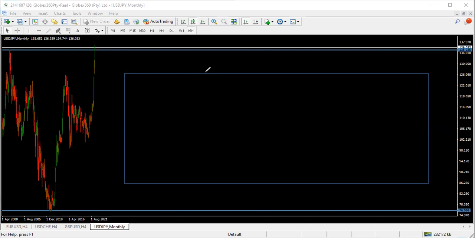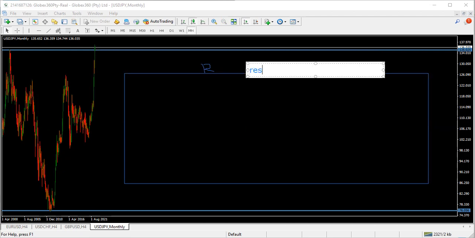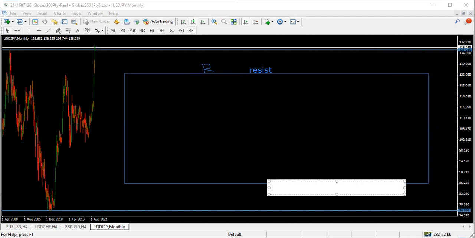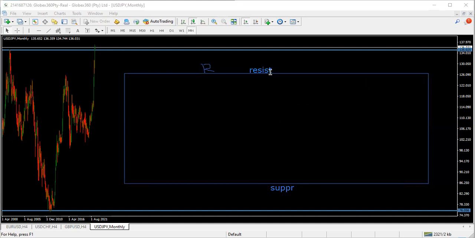Let's take this one as our resistance. So now the price, let's say maybe the price is coming from our support.